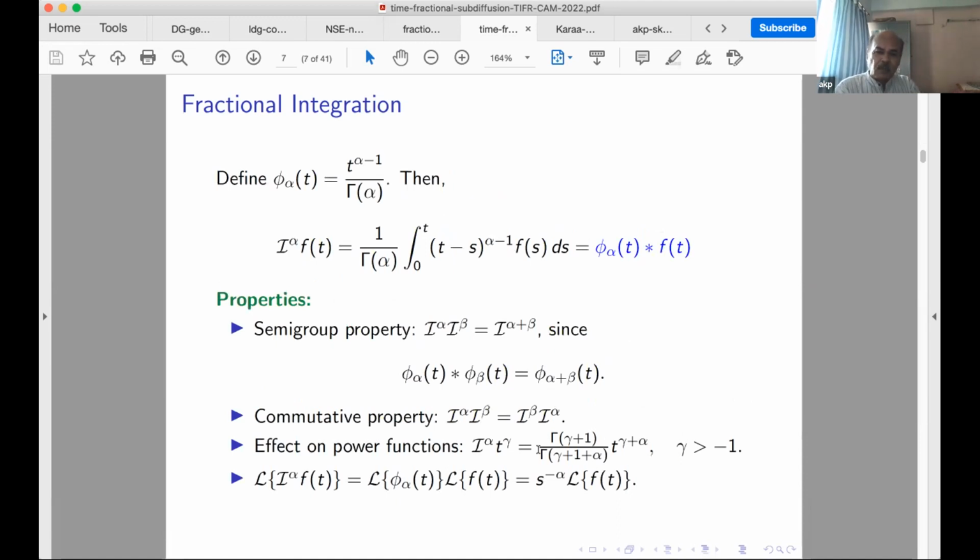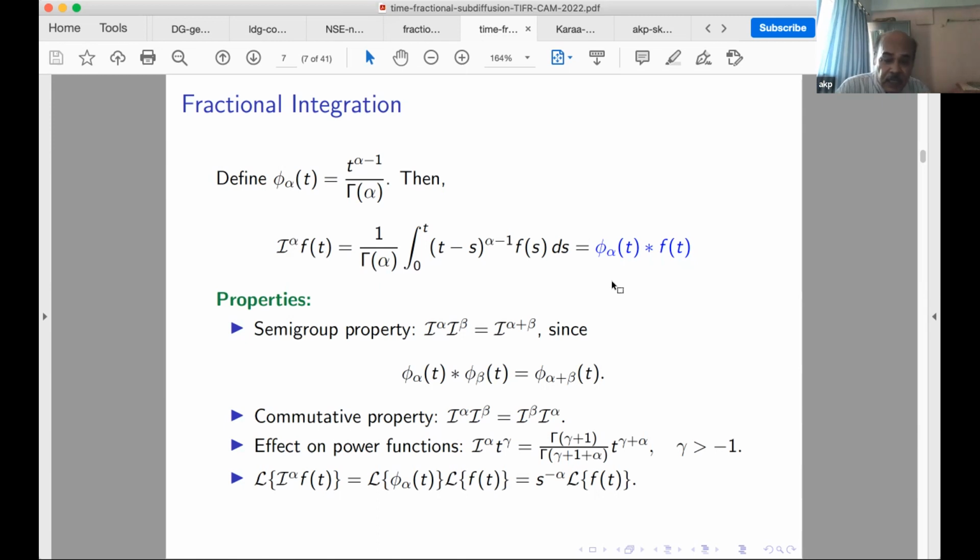So let us look at some of the properties which will be fundamental in later developments. We are now more or less interested in alpha lying between 0 and 1. This kernel function is a singular kernel function, so let us call it phi alpha. Therefore, I^alpha f(t) can be written as a convolution of phi alpha with f(t).